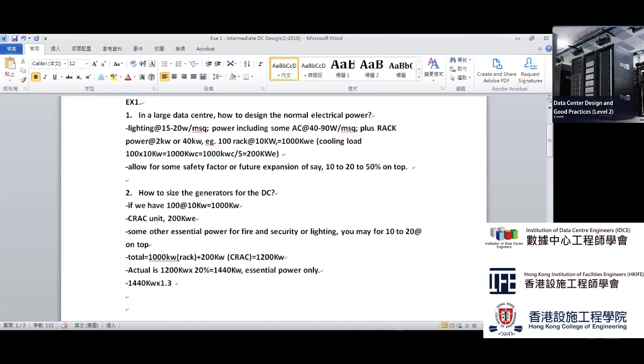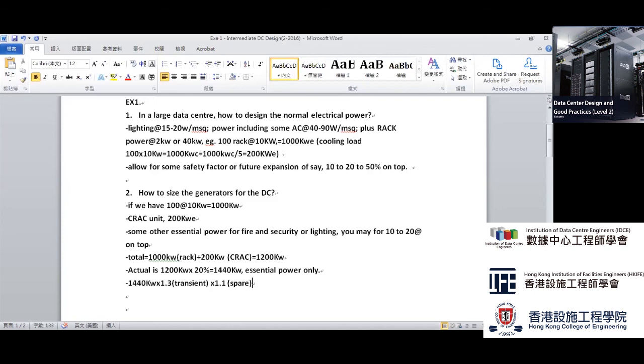And then you want to also give some spare capacity. Say you want to multiply by 1.1, sorry, to give spare capacity. 1.3 is for the transient, right? And 1.1 is for some spare capacity.